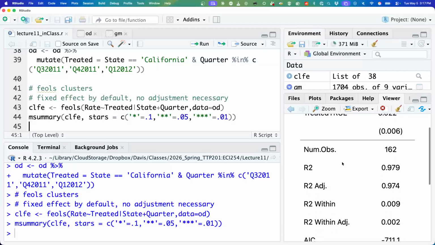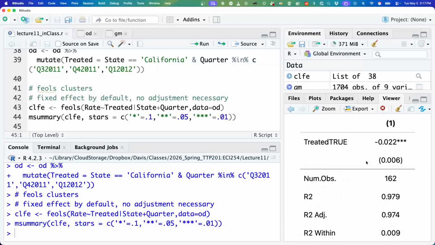Okay, actually we don't need to zoom in or anything. So what is this essentially telling us? What does this coefficient say? Help me out here. What is our treatment based on my description of this problem?